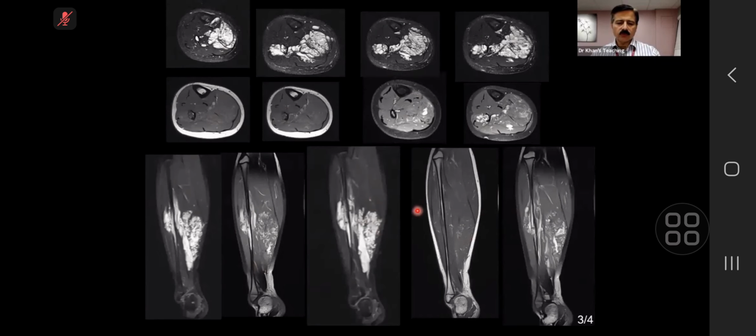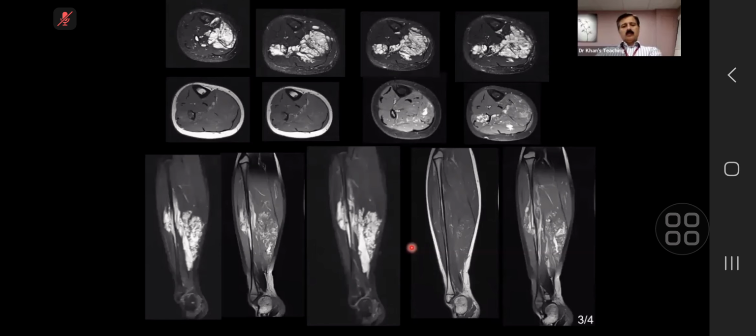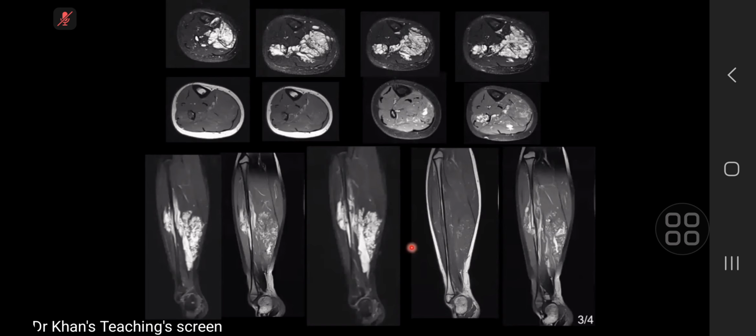Over to you. So the MRI with T1 non-fat sat, STIR, and post-contrast is demonstrating high signal intensity on STIR, and then there are areas of enhancement in the soft tissue post-contrast surrounding the lesion in the mid-diaphysis of the fibula, which has lost its cortex.